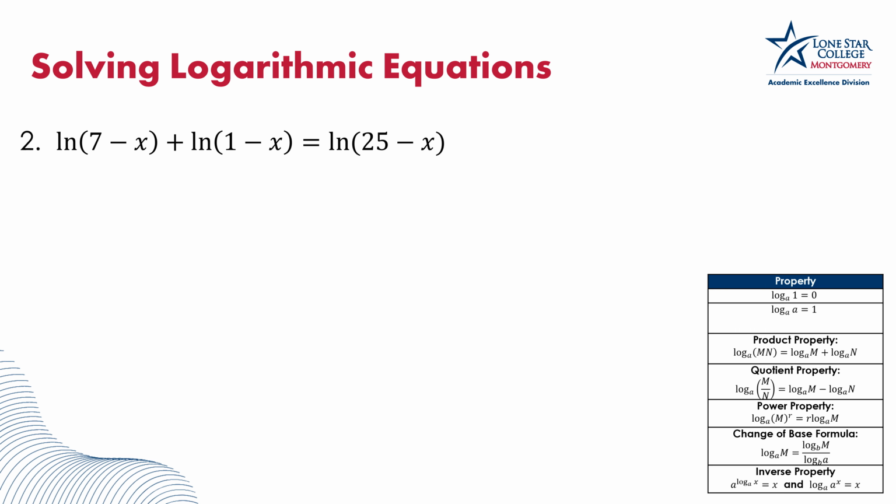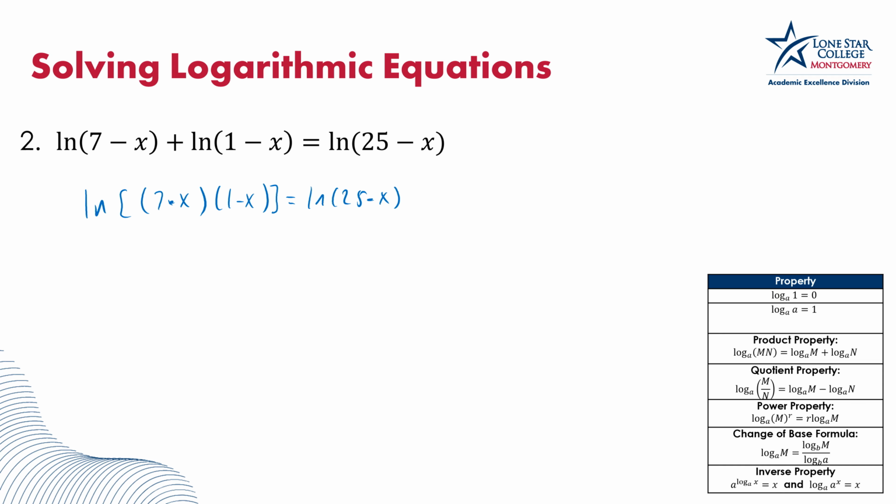Because we have a plus sign between ln of 7 minus x and ln of 1 minus x, we can associate that with the product property of logs. So we write this as ln of 7 minus x times 1 minus x. That's equal to ln of 25 minus x.